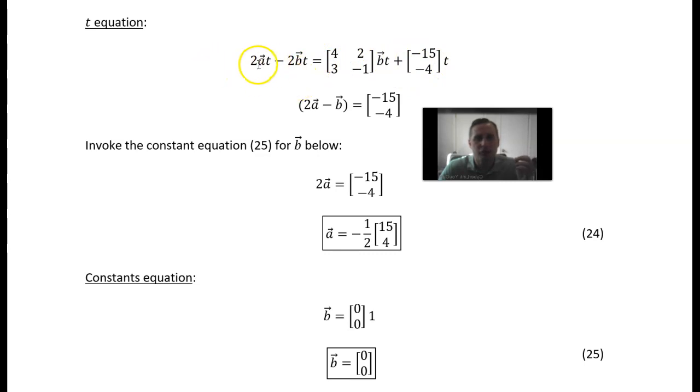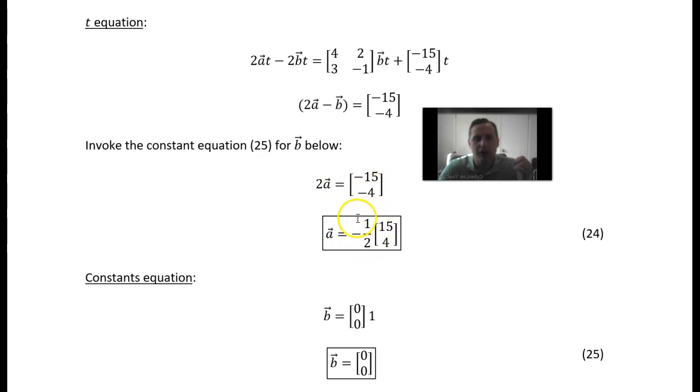So we have 2a vector minus b vector is equal to, and it turns out it's going to be negative 15, negative 4. Well, why is that? Well, it's because if we just look at the constants equation, b vector is equal to the 0 vector, we can insert 0 here for b on either the left-hand side or the right-hand side. So we just get 2 times vector a is equal to negative 15 over 4.